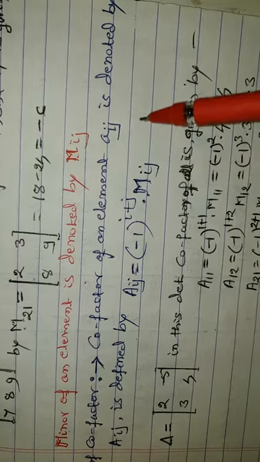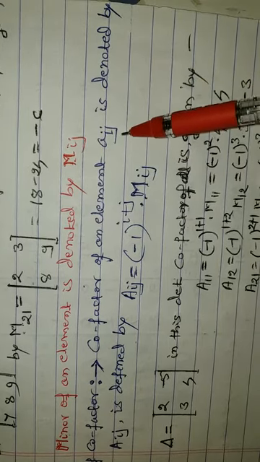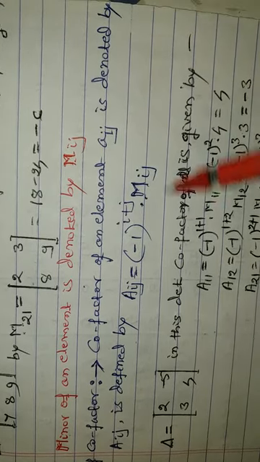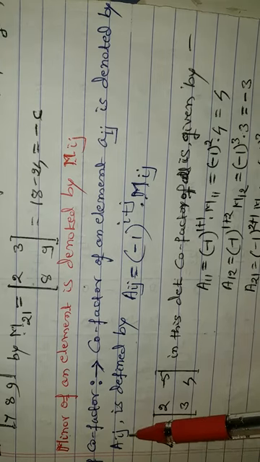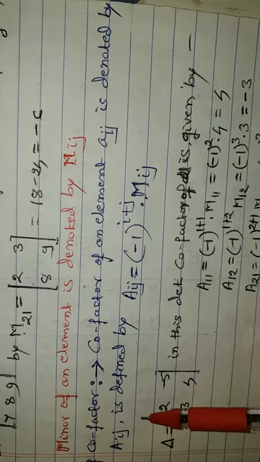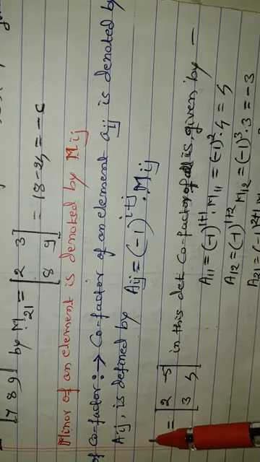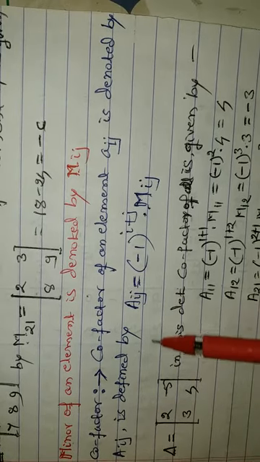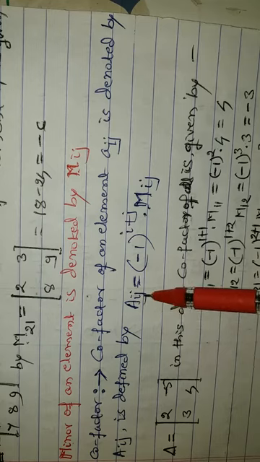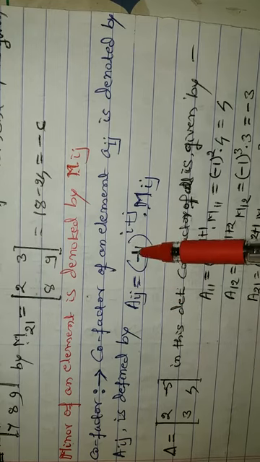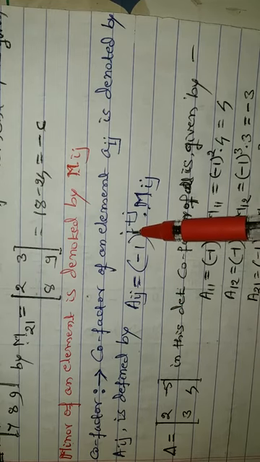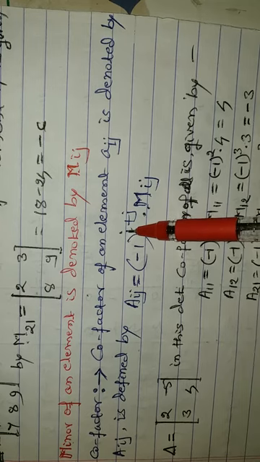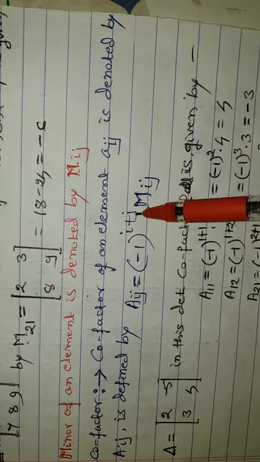Cofactor of an element a_ij is denoted by capital A_ij. It is defined by A_ij equals minus 1 to the power of i plus j, the ith row plus jth column.